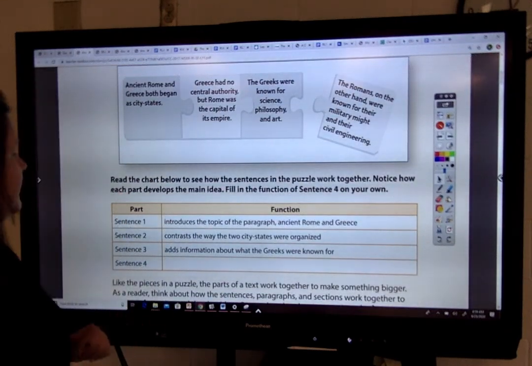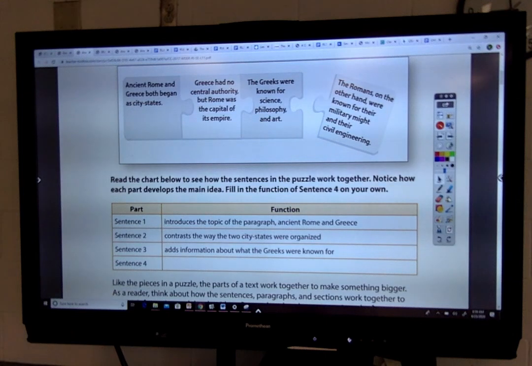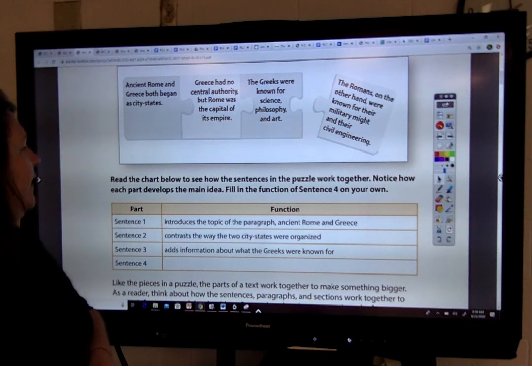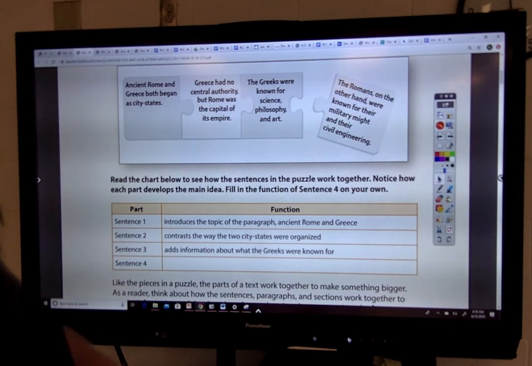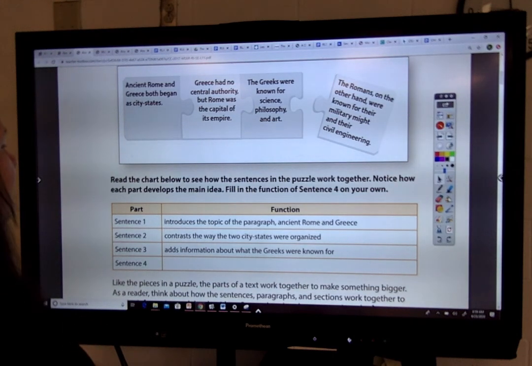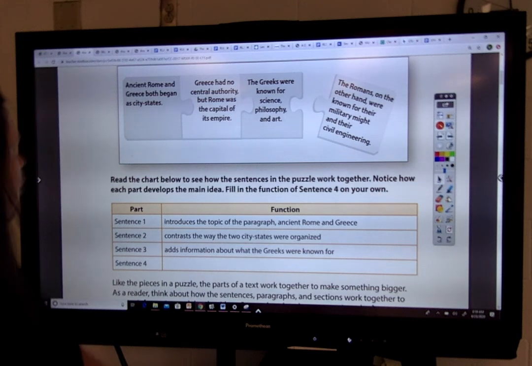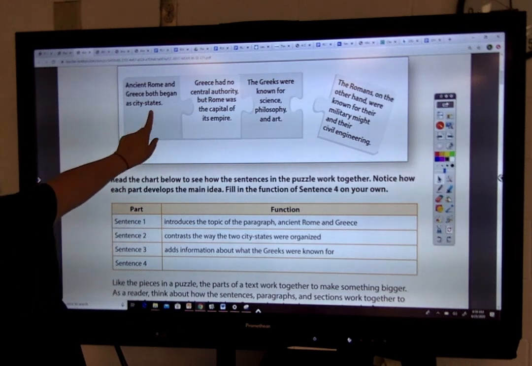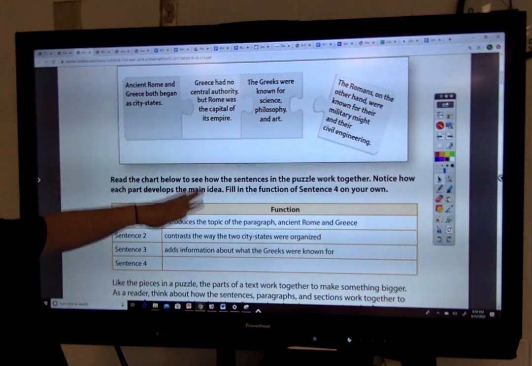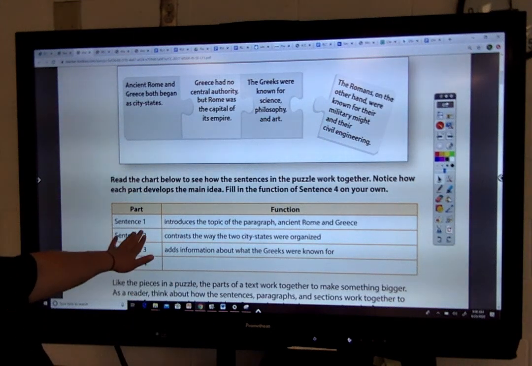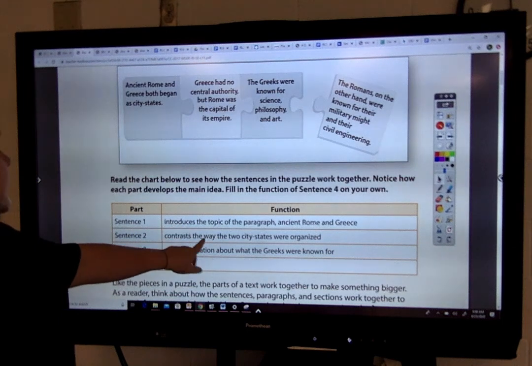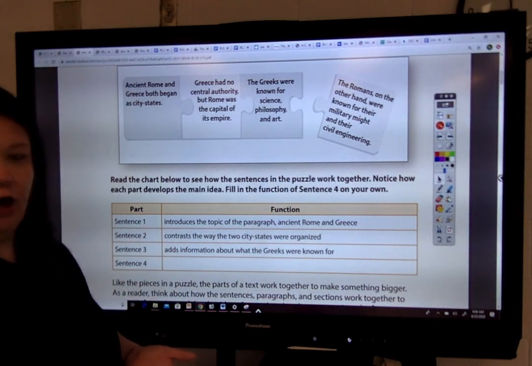Now, this says read the chart below to see how the sentences in the puzzle work together. Notice how each part develops the main idea. Fill in the function of sentence 4 on your own. Okay, so here, the very first sentence we have, ancient Rome and Greece both began as city-states. That introduces the topic of the paragraph.